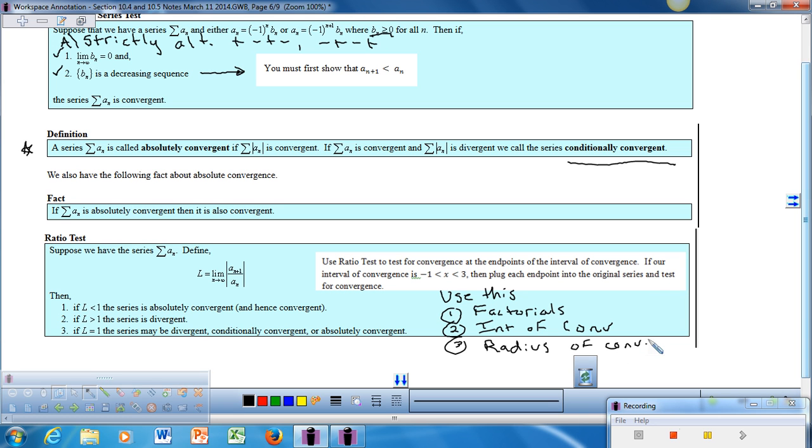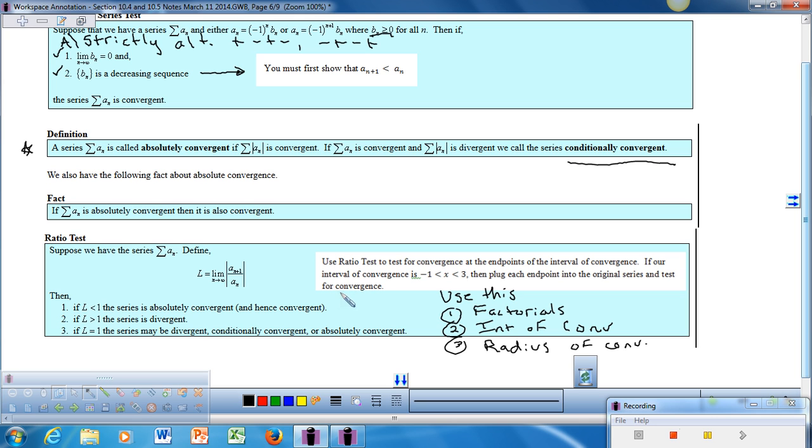Those are three situations where I go to the ratio test. For numbers 2 and 3, the interval and the radius of convergence, you have no other options. Ratio test is it, unless it is a geometric, which we already talked about how to find an interval of convergence for a geometric.